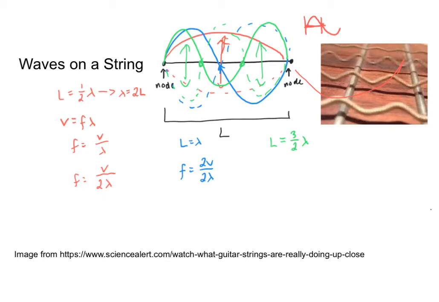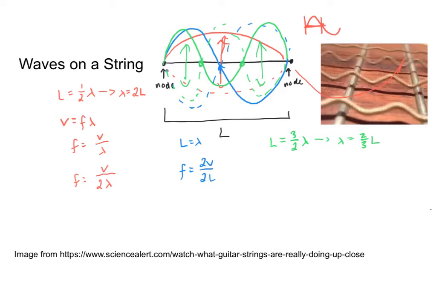Or if I wanted to write this a little differently, I would write that lambda is equal to 2/3 of L. I messed up earlier: I wrote a lambda instead of an L.